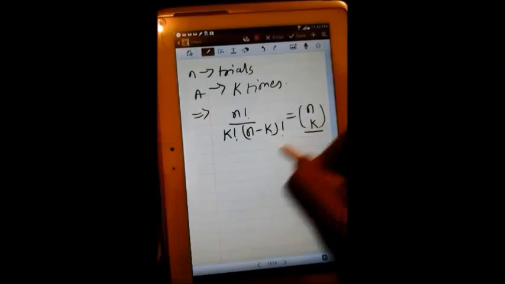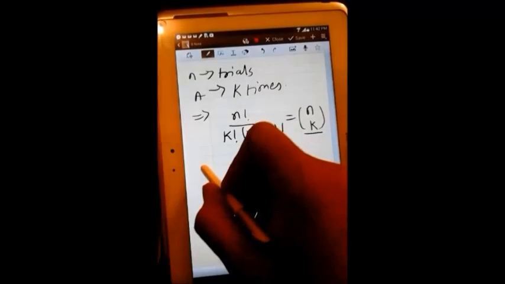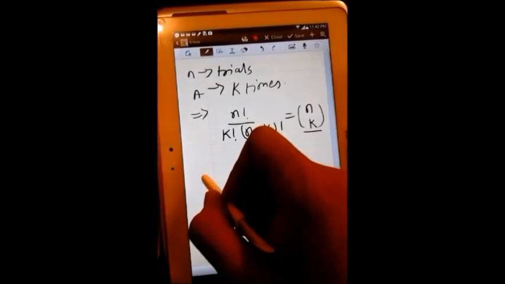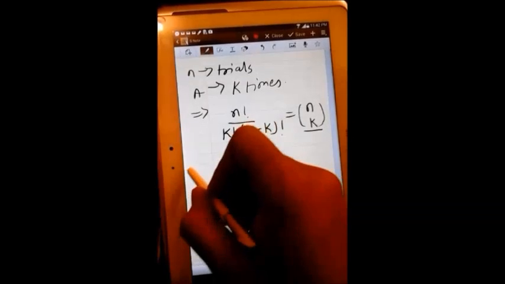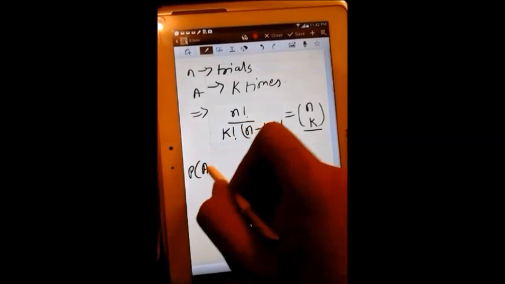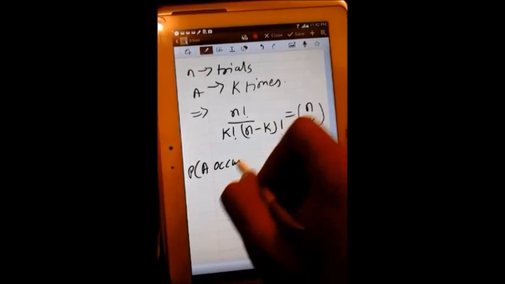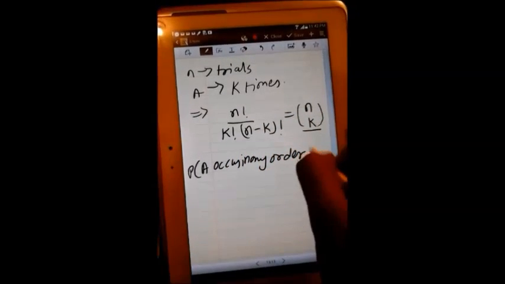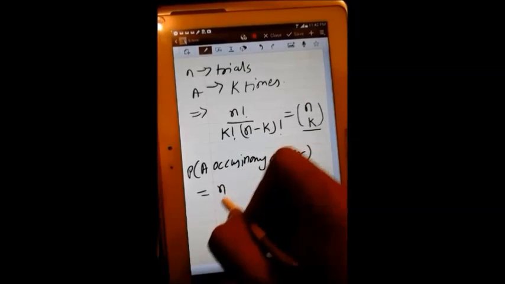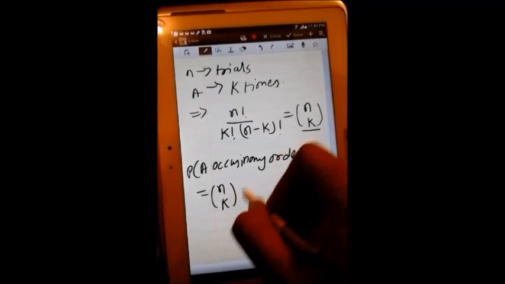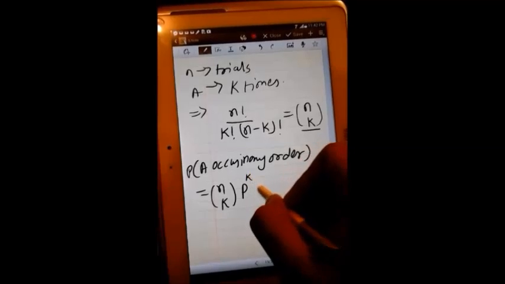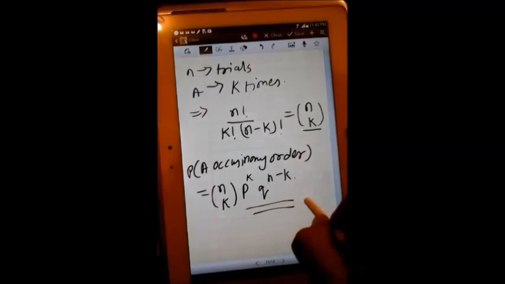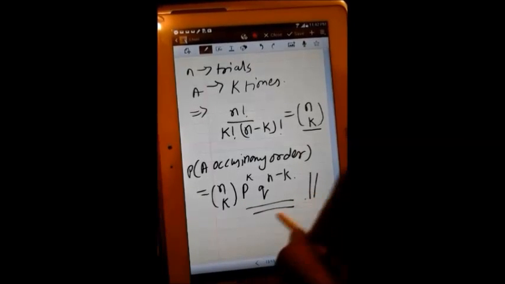These events and the previous event are both mutually exclusive, and therefore the probability that A occurs in any order is equal to n combination of k, p raised to k, q raised to n minus k, which is nothing but the Bernoulli's equation.